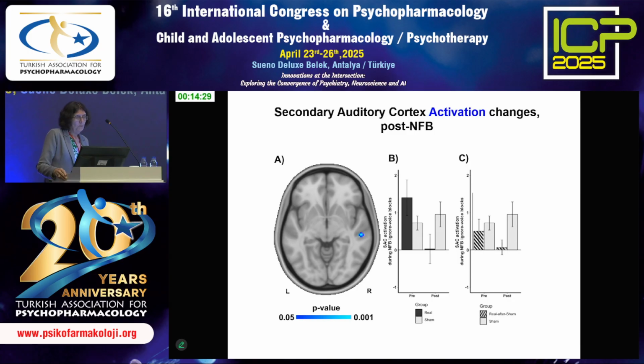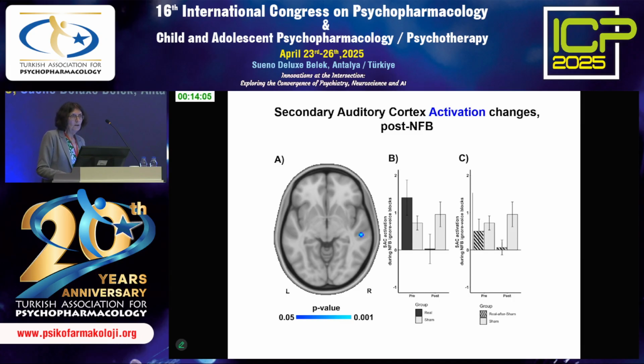So the first result that I'd like to point to is that we had changes in activation post neurofeedback in the secondary auditory cortex, in such a way that these activation changes, reduction in activations, were observed in the real group, but not in the sham group.